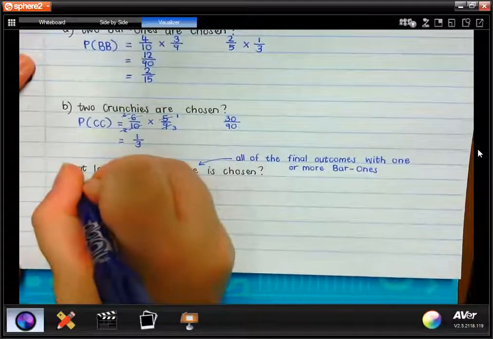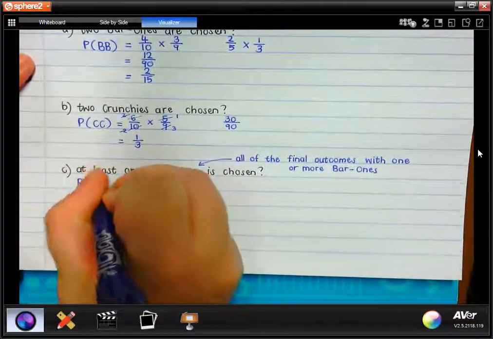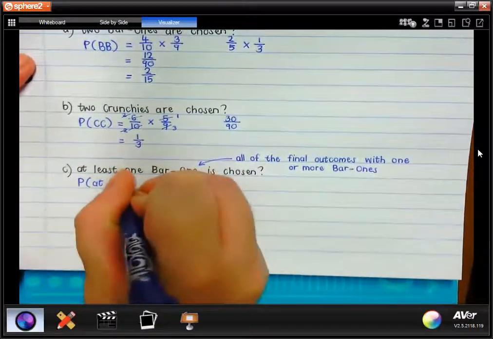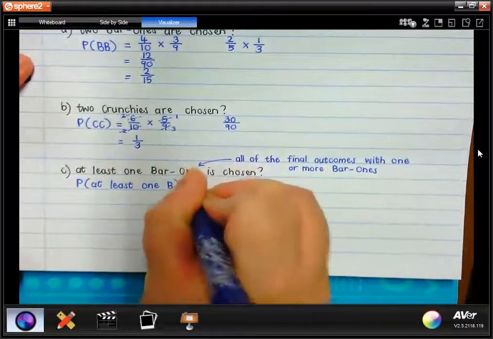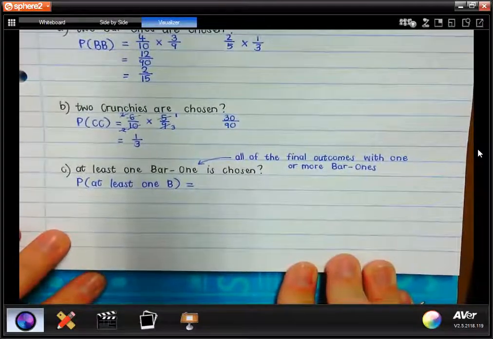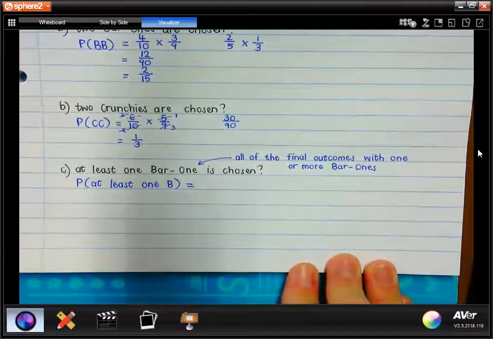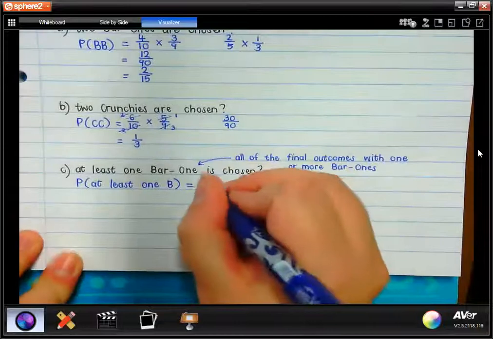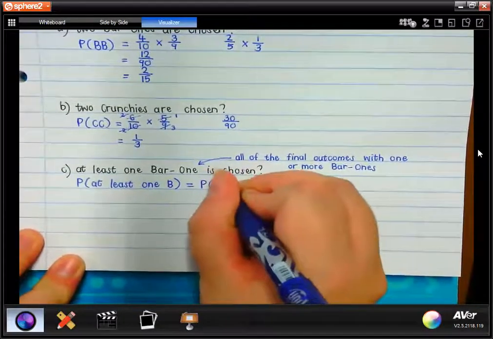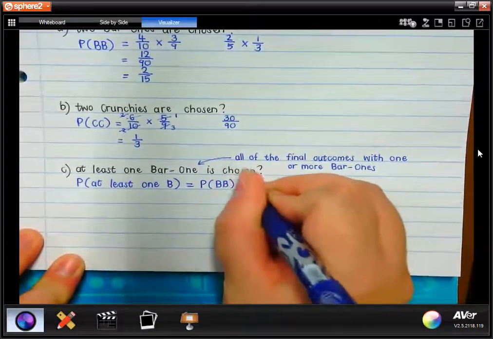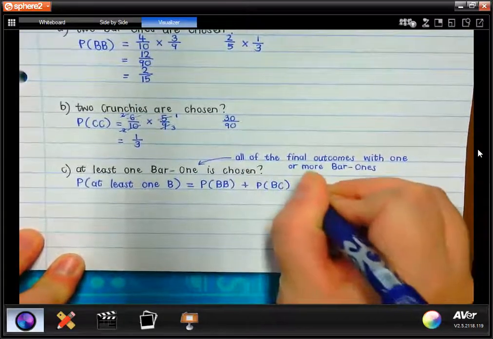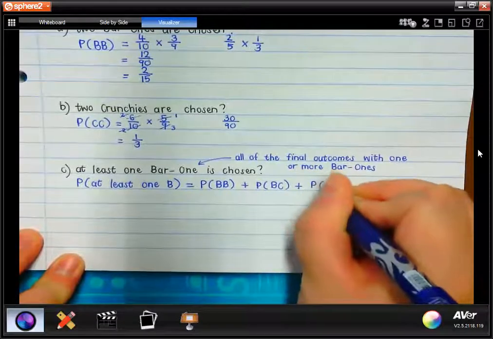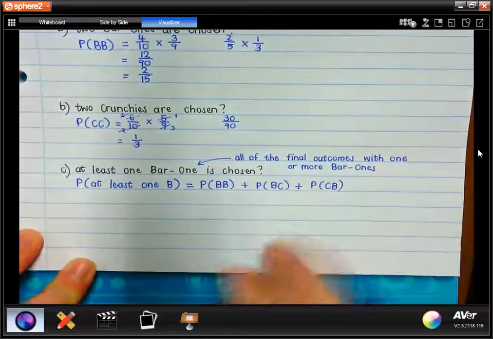I'm going to write here, probability at least 1B is equal to, now I'm going to list the three that we're going to have to add together. It's the probability of BB plus probability of BC plus probability of CB.